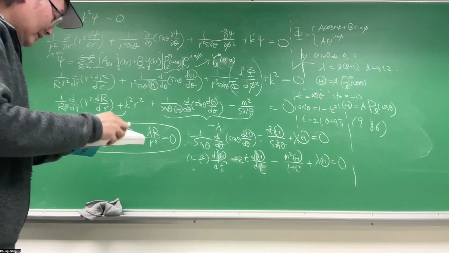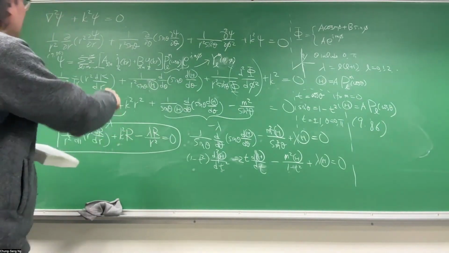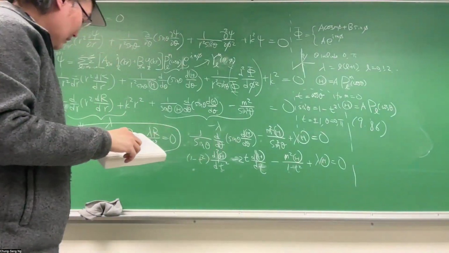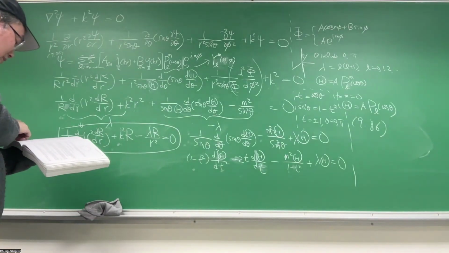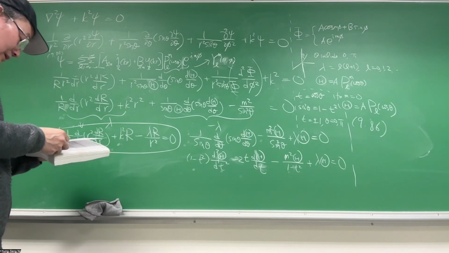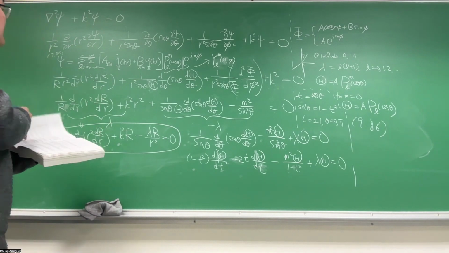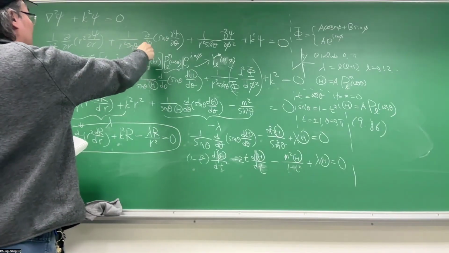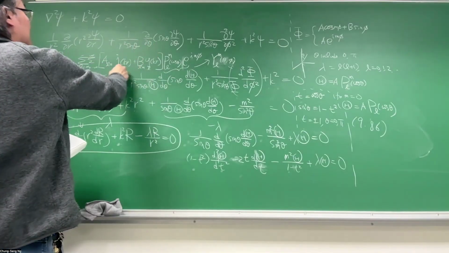In the case of setting k to 0, or considering the Laplace equation, the general solutions are again power laws. Instead of this one, you have r to the l or r to the minus l plus 1.